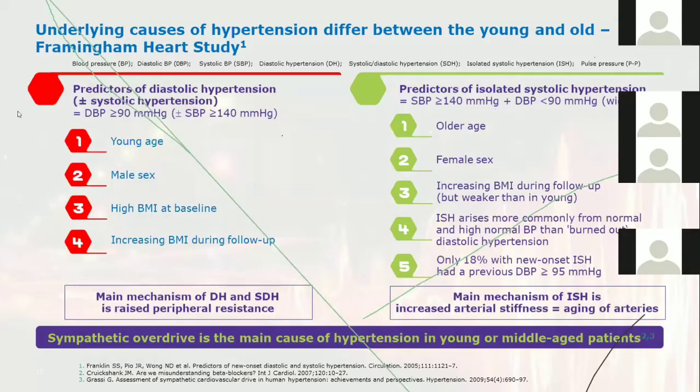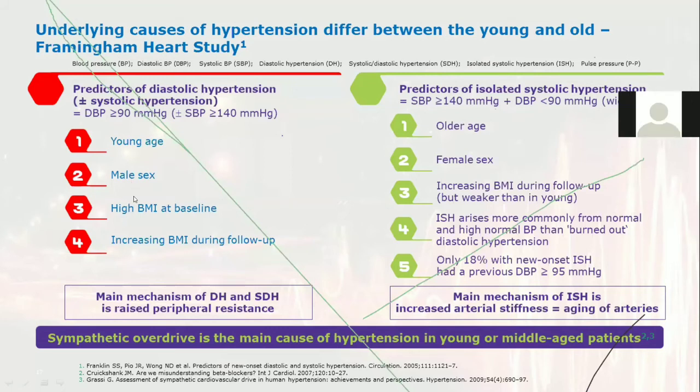According to the Framingham study, this is very interesting: when you have blood pressure elevation at less than 55 years, it is more of a diastolic blood pressure. And the blood pressure after 55 is more of a systolic hypertension. The predictors of diastolic hypertension are young age, male sex, a high BMI at baseline, and increasing BMI.